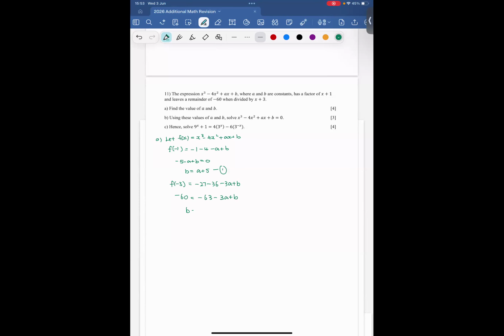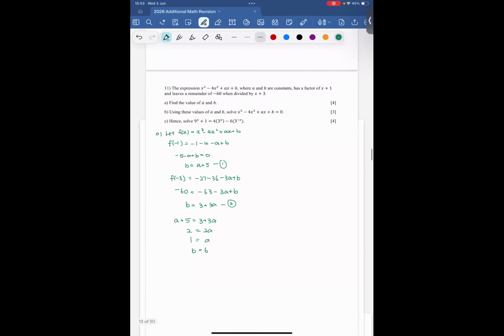So b equals to 3 + 3a. So a + 5 equals to 3 + 3a. 2a equals to 2, a equals to 1. b will be equals to 6. Okay, using this value, solve that.